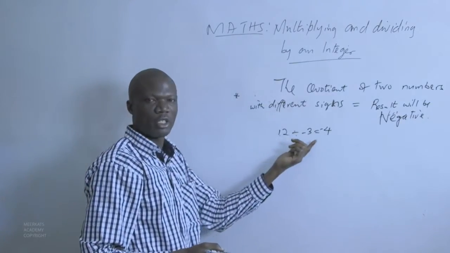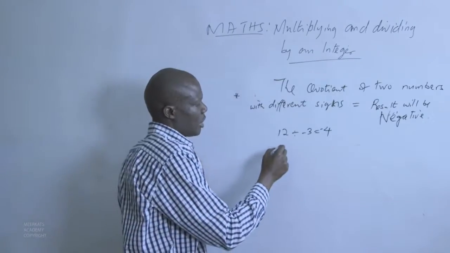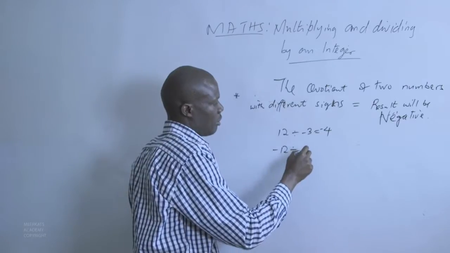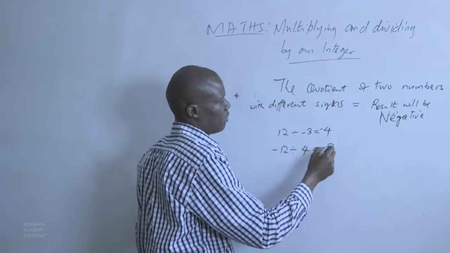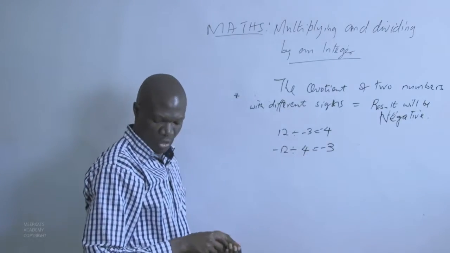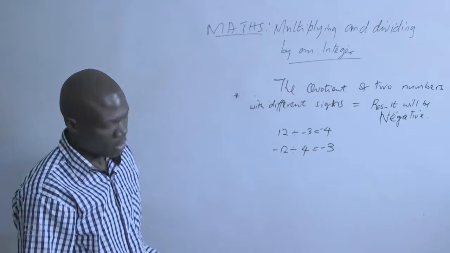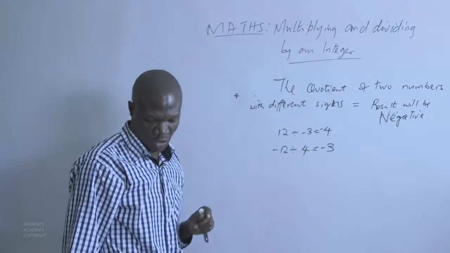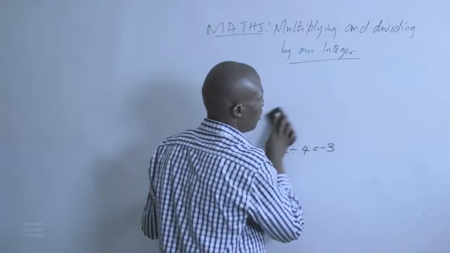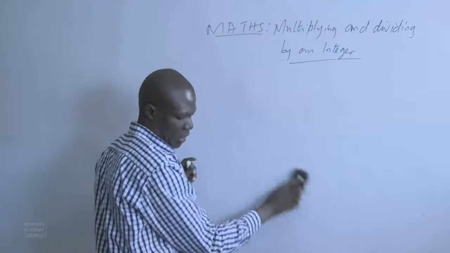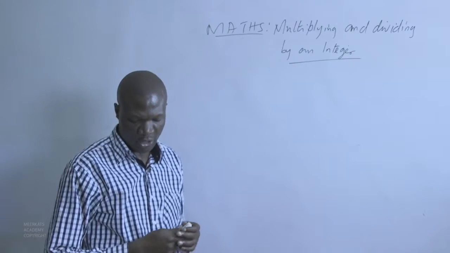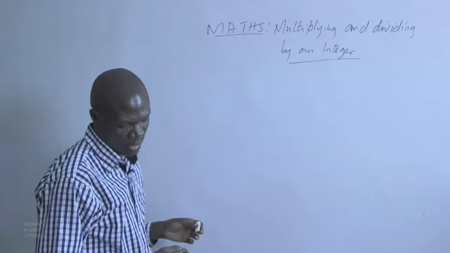Positive and negative is negative. Negative 12 divided by 4 will give us negative 3. Negative, positive will give us a negative. That is the rule. So using what we've gone through, I want us to fill the table and see how we can apply the rule of multiplication and division of integers in this particular case.